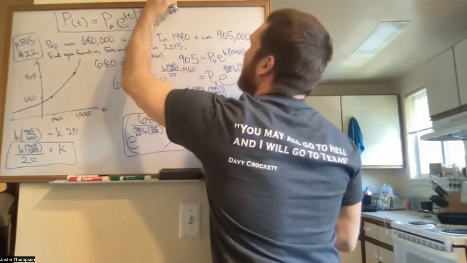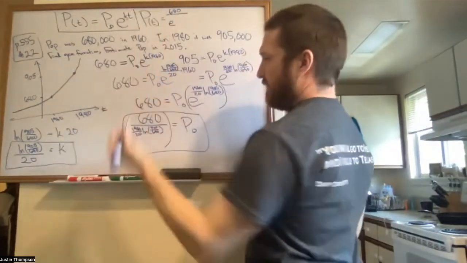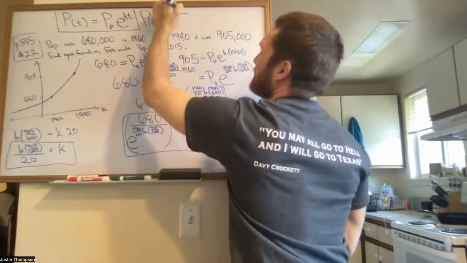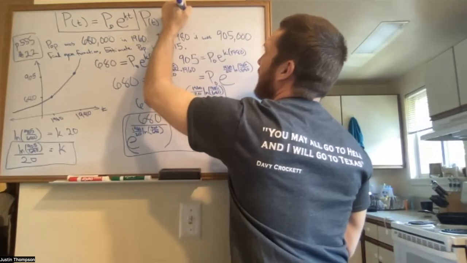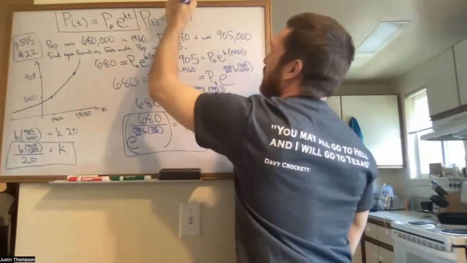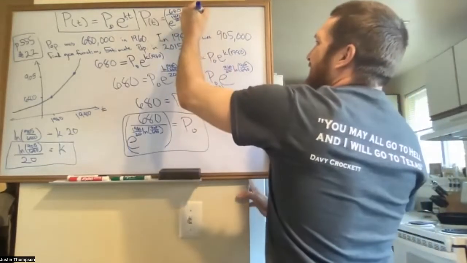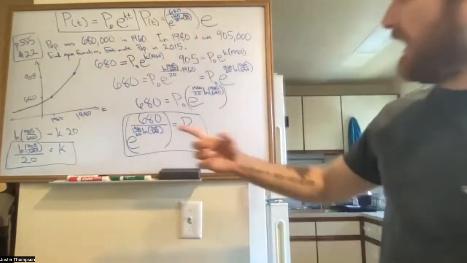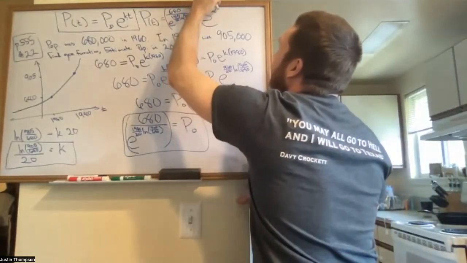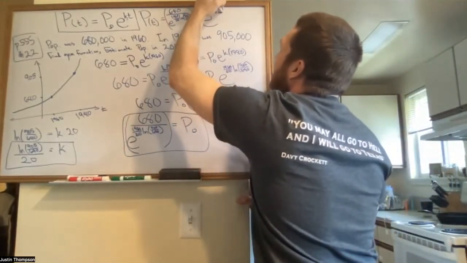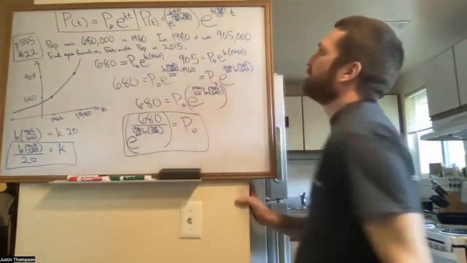Okay, 680 over e to all that stuff, so 1960 over 20 times the natural log of 905 over 680. That's my P0. I just plugged it in. e to the KT. K is natural log of 905 over 680, all over 20, times T.